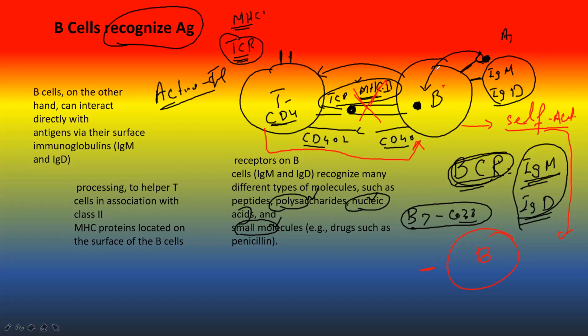If the B cell doesn't want to present this antigen to the T cell, this antigen already inside the B cell becomes active. So the B cell starts producing antibody. Which antibody can it produce?